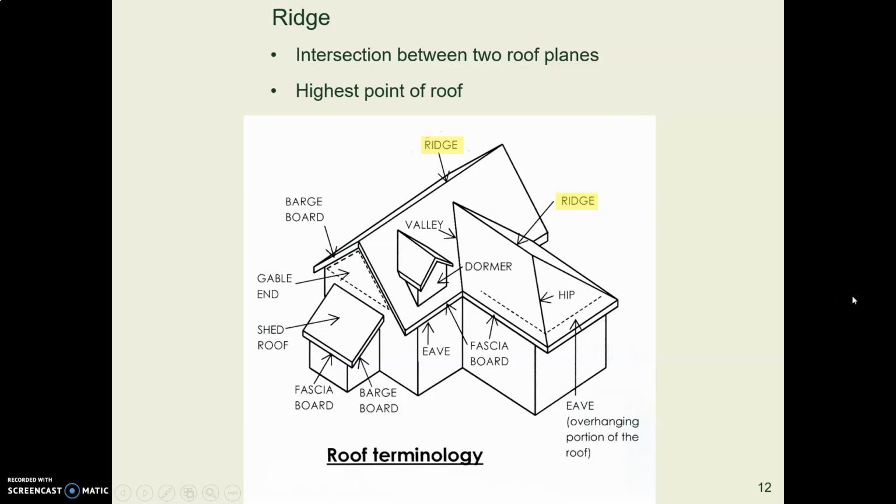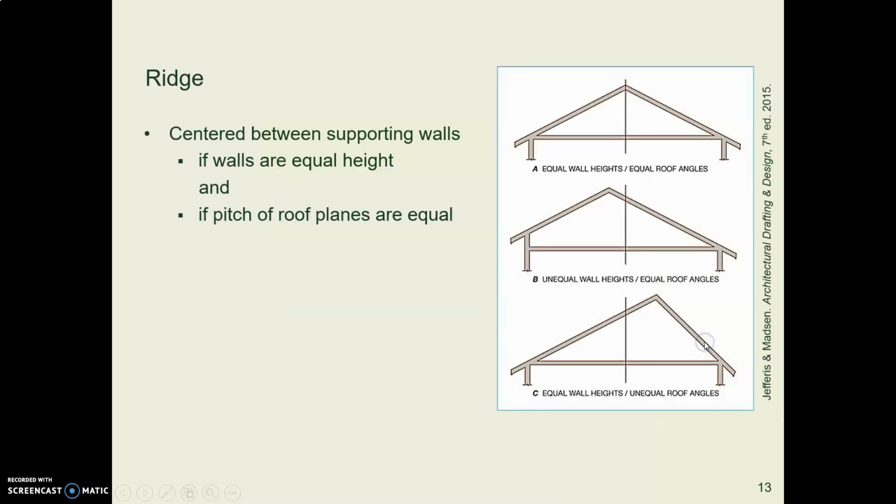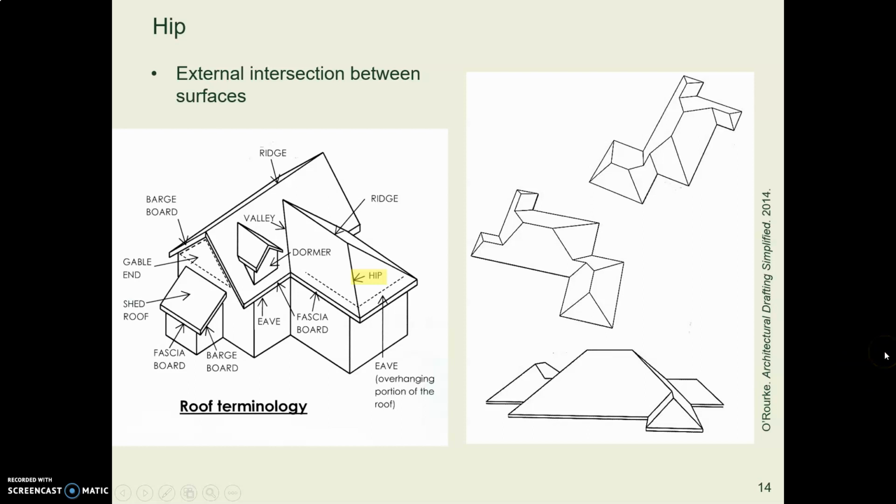Anyway, on to vocabulary. When two planes come together, and a plane is a flat surface, they form a ridge, which is the highest point of a roof. And as long as the walls are the same height and the pitch is the same angle, that ridge will be in the center. If 3 or more planes come together, you get a hip.